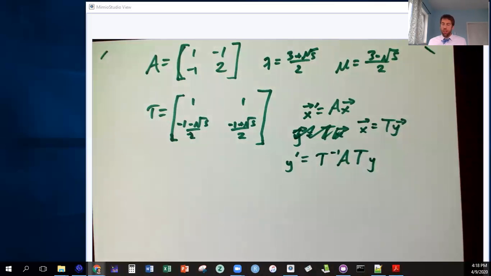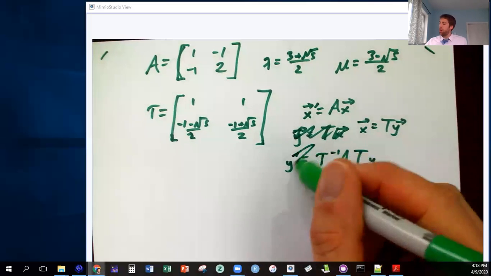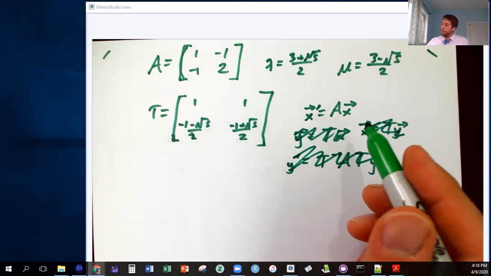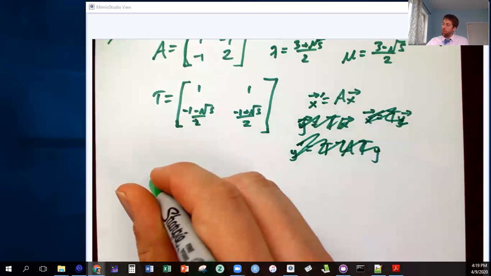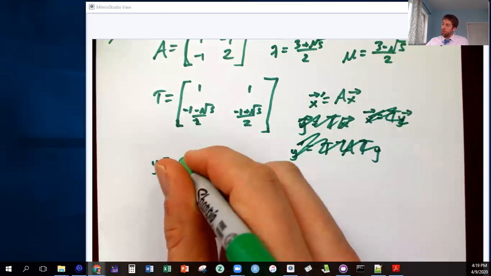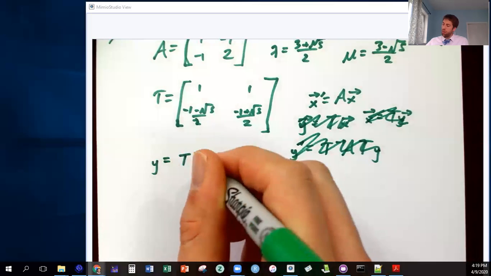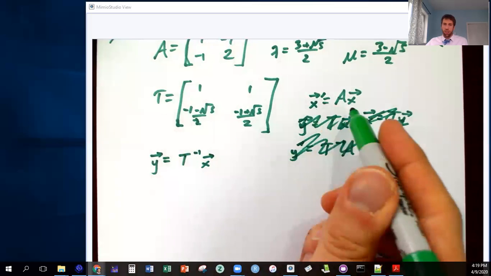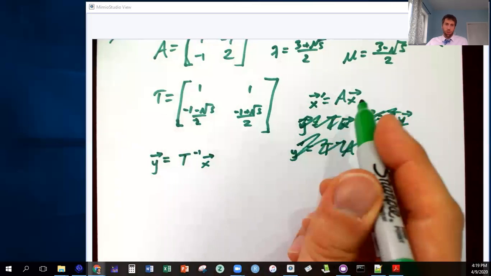I think if I were in class right now, I could imagine a student having a question. So let's back up a little bit. x prime equals A x. Let's let y equals T inverse x. So we have a system that has this differential equation.